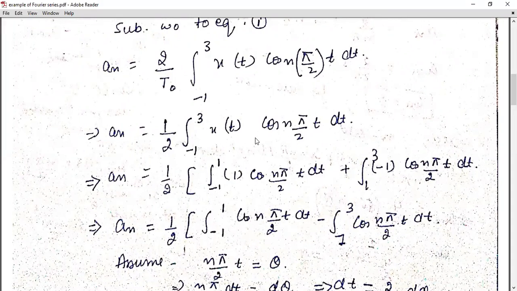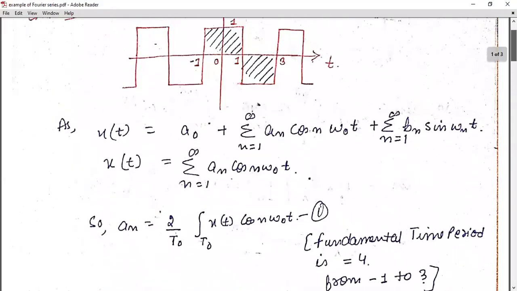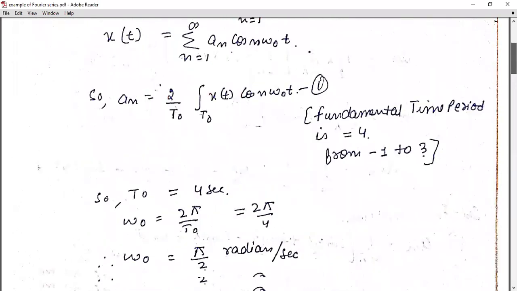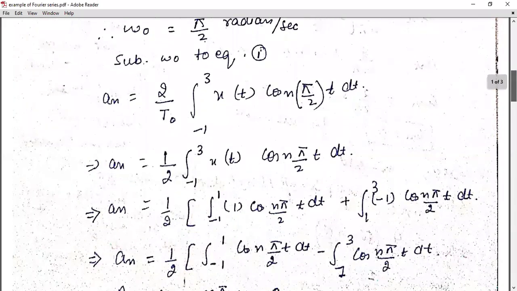So a of n is equal to 1 by 2. Now we are going to break this equation into two parts. One is -1 to 1, because the amplitude from -1 to 1 is 1, and from 1 to 3 the amplitude is -1. That's why we split it into two parts.